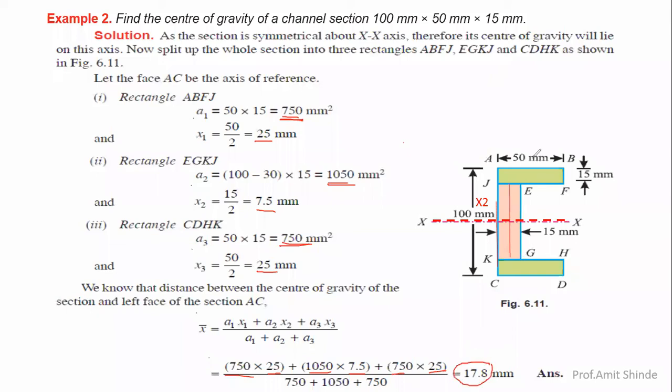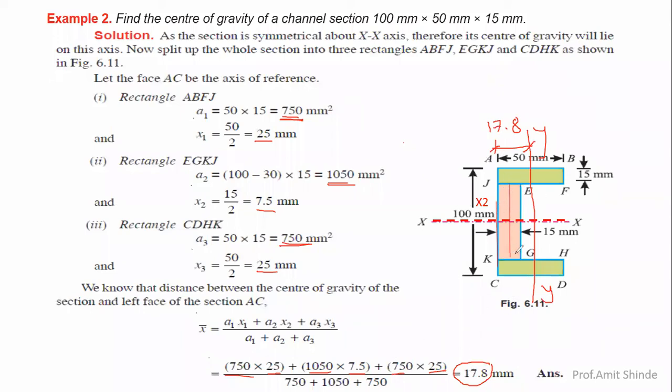17.8 millimeter is the CG location. It means that your axis lies over here at a distance of 17.8 from the left side, because we have measured all these distances from the left side.